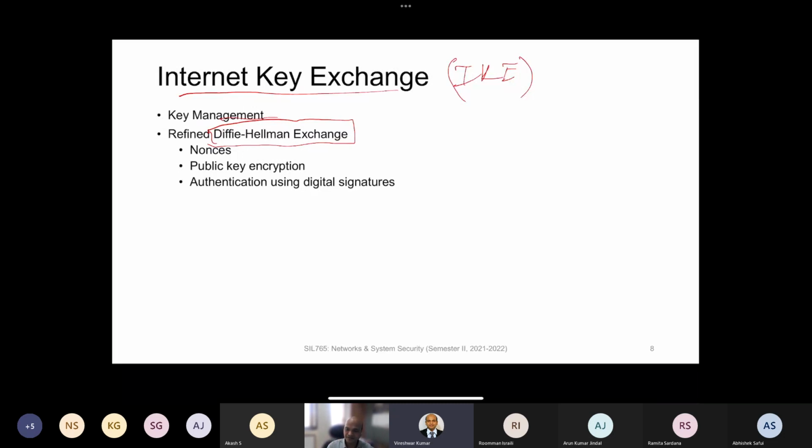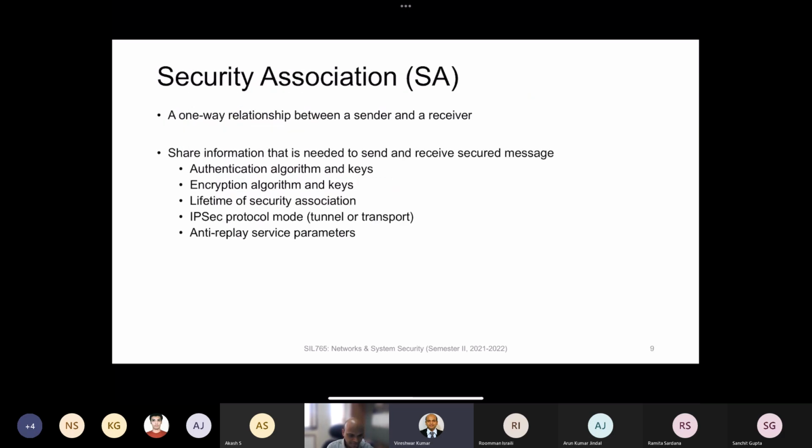Authentication is missing. Yes, authentication is missing. So you have to do authentication, and therefore some refinements need to be made to the Diffie-Hellman key exchange. You could add nonces, you could utilize public key encryption, you could utilize authentication using digital signatures. That is how you make IKE secure.